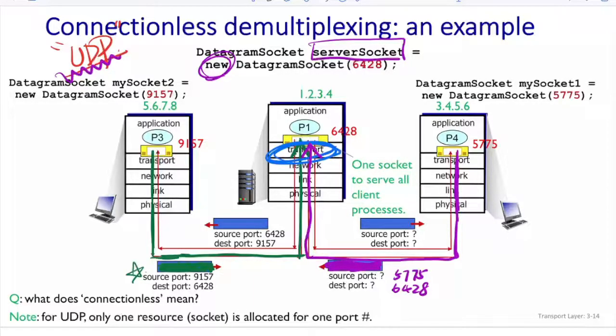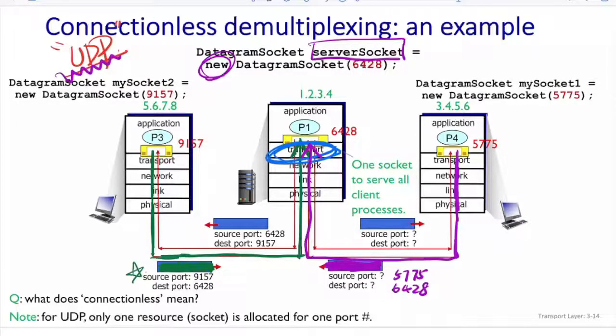So for UDP, no 2 processes in a single host can obtain the same UDP socket, because there's only one UDP socket with the specific number, for example 6428. It is impossible for 2 different processes to use the same socket.